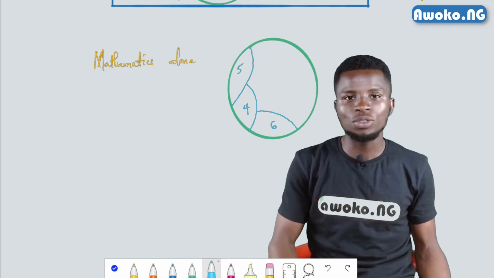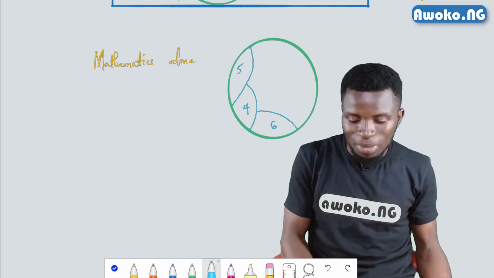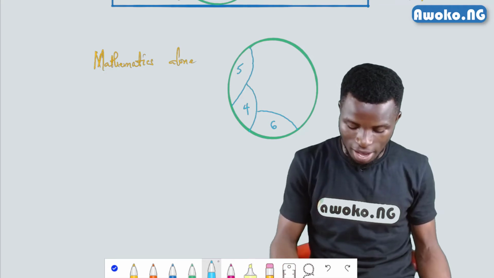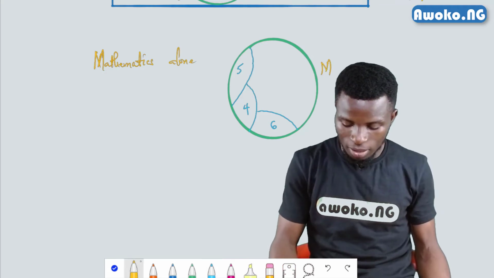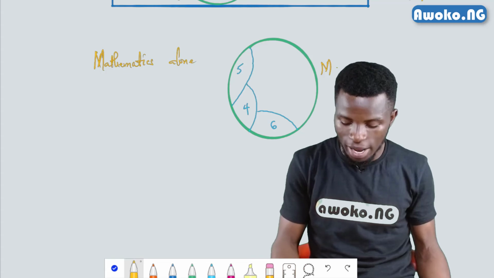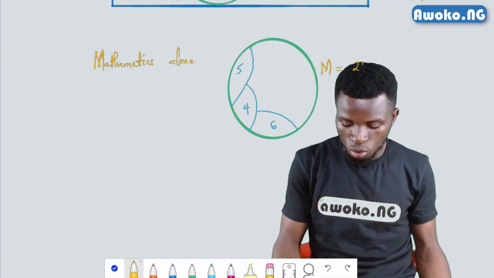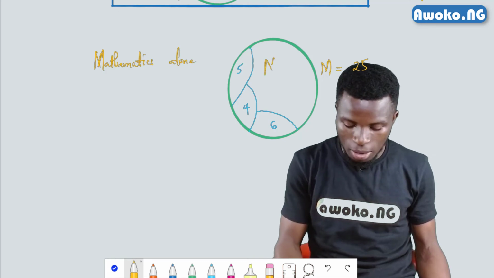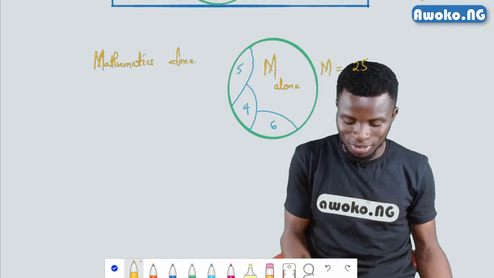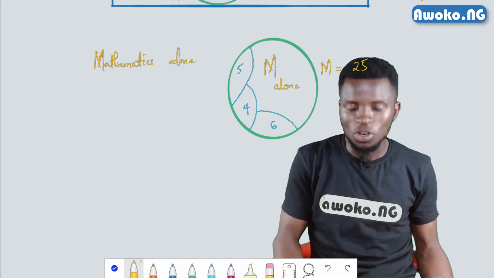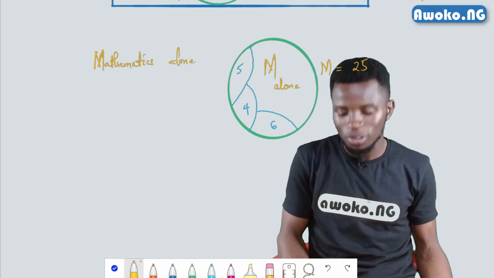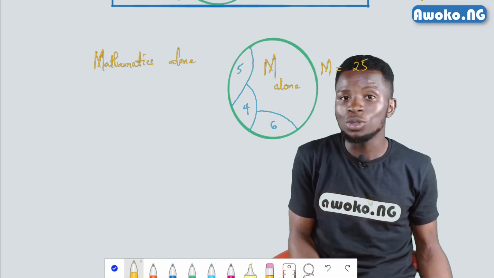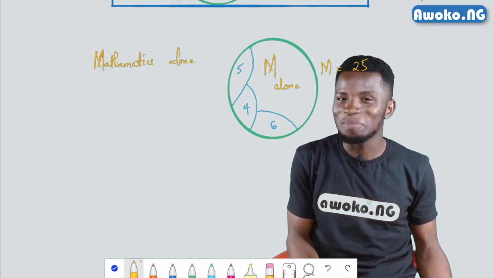The total number of students offering mathematics, mathematics in general, M equals 25. So mathematics alone, this will give us maths alone. How do we get maths alone? It's simply subtracting all other values from the total number of students offering mathematics.